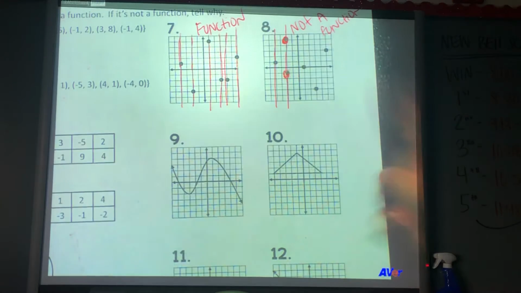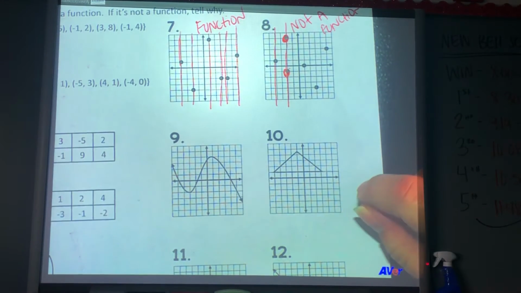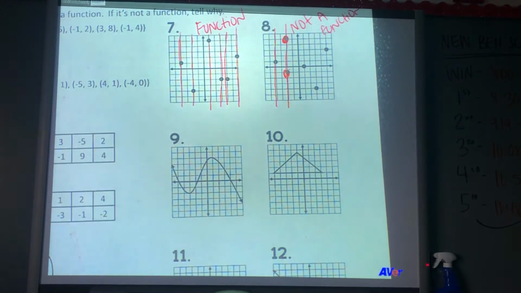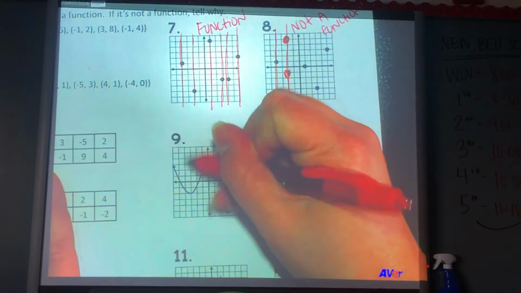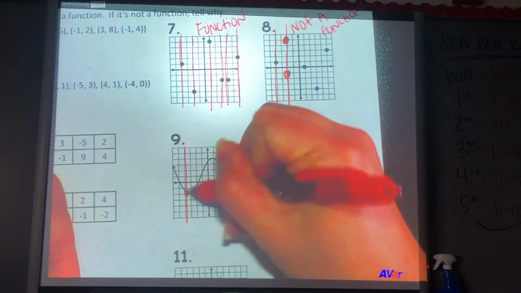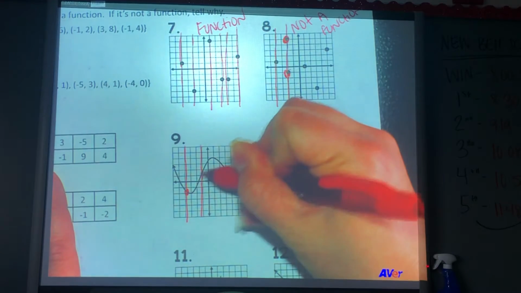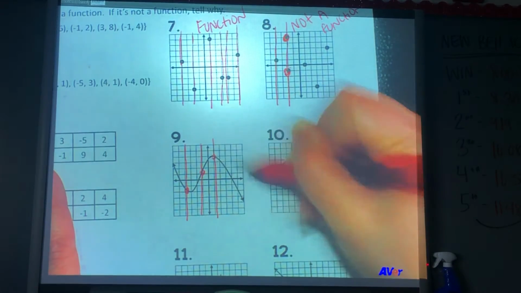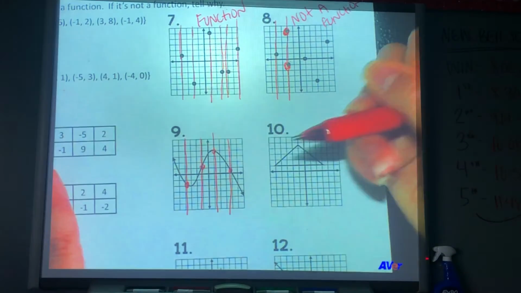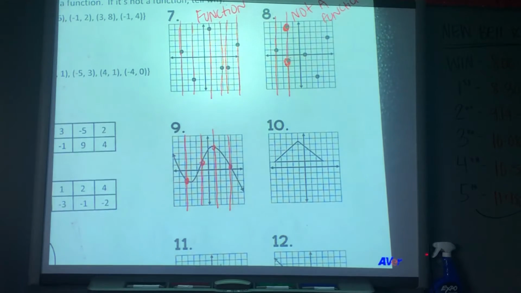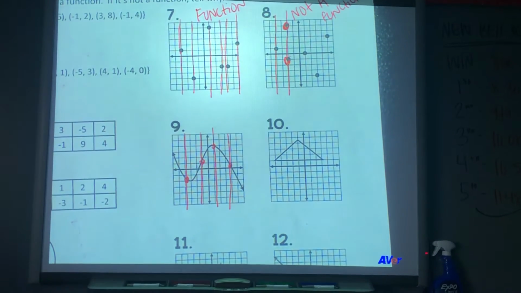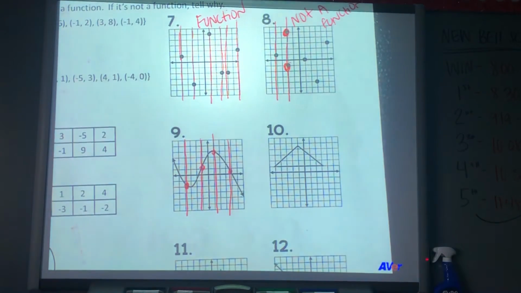Then you have some like this, some graphs that don't have just dots and actually have something drawn. If you take a vertical line and you can place it anywhere on your graph, you need to make sure that it only ever goes through once. I'm just picking random spots to draw a vertical line because I wanted to test everything, and I noticed that it always only ever crosses it once. So this one is good.